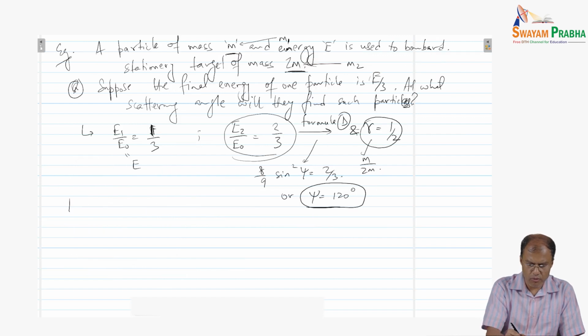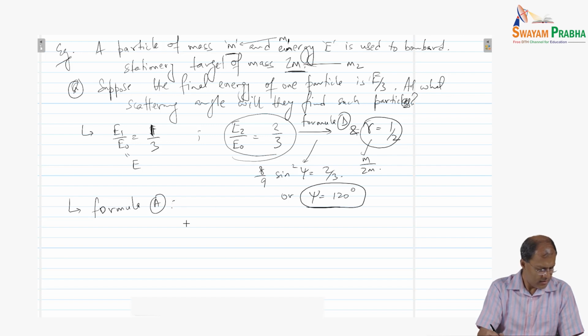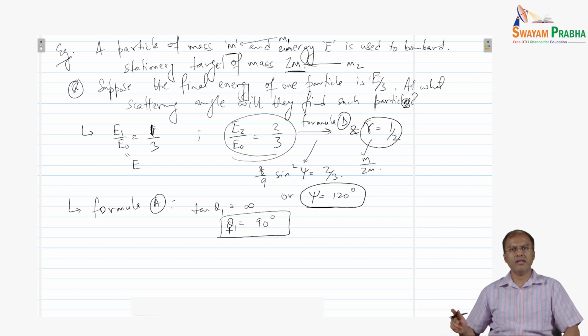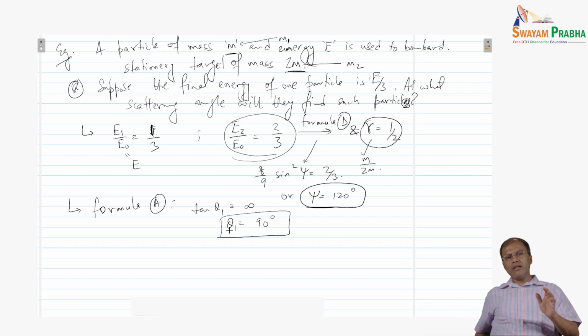And so from formula A, we see that tan theta 1 is infinity. We plug everything in and we see that this is infinity, or theta 1 comes out to be 90 degrees, and essentially the scattering angle is perpendicular to the incident beam.